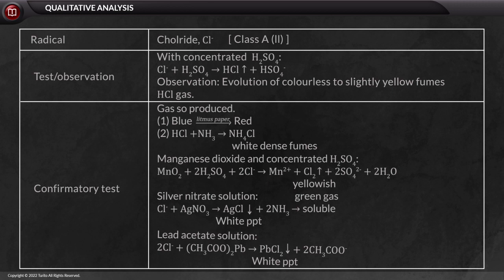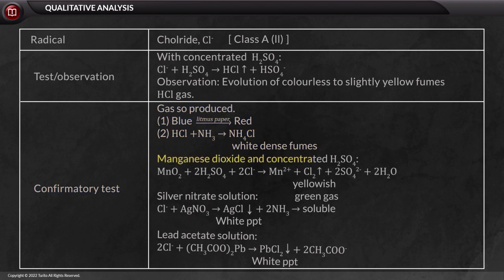First, to analyze in class A2, is chloride. With concentrated sulfuric acid, it gives HCl gas, which is corrosive in nature, and colorless to slightly yellow in color. This gas can turn blue litmus red, and gives dense white fumes of NH4Cl when a glass rod moistened with ammonia solution is brought to the mouth of the test tube.